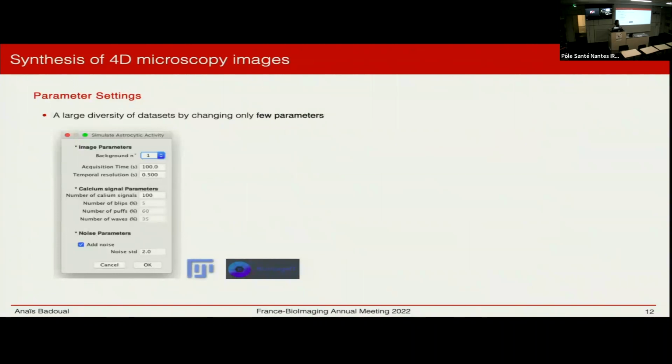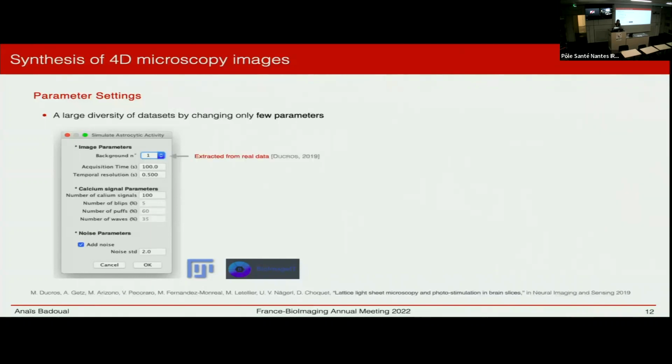We developed this simulator for the ImageJ platform, and we also plan to integrate it in BioImaging. And thanks to this simulator, you can generate a large diversity of synthetic data by changing few parameters that are the background, the time of acquisition, also the temporal resolution, which acts as a temporal window under which calcium signals cannot be observed.